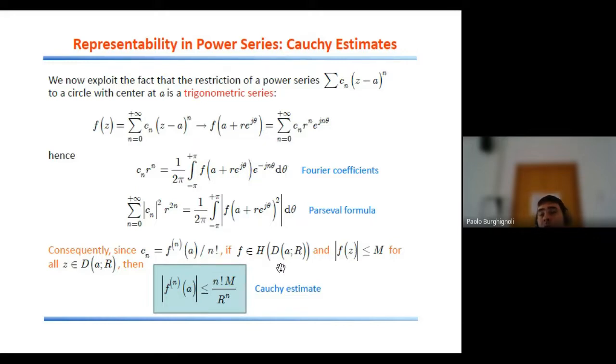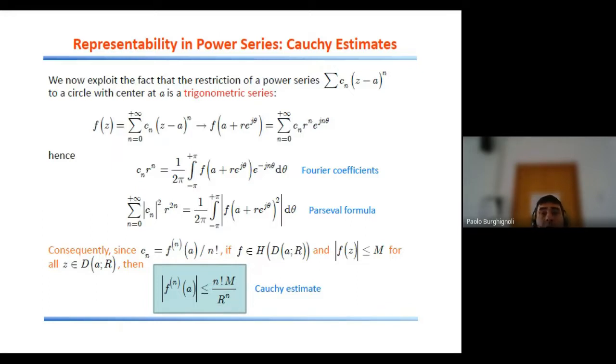Then if a function is holomorphic in a disk, and if we know that the function f is bounded inside this disk, so its absolute value is never larger than some constant, say capital M, then we can conclude that the absolute value of the derivative of order n of the function f evaluated at the center of the disk is bounded above by n factorial times M, which is the upper bound for our function, divided by the radius of the disk to the nth power.